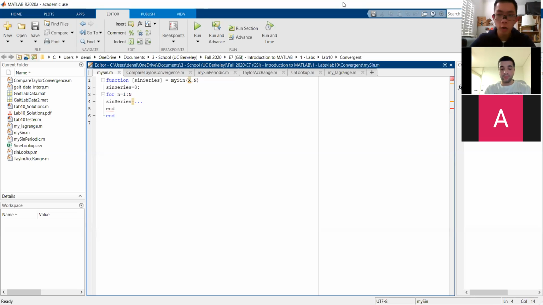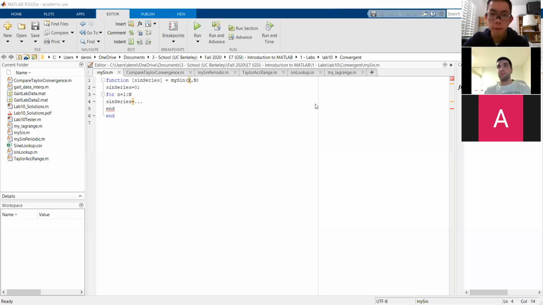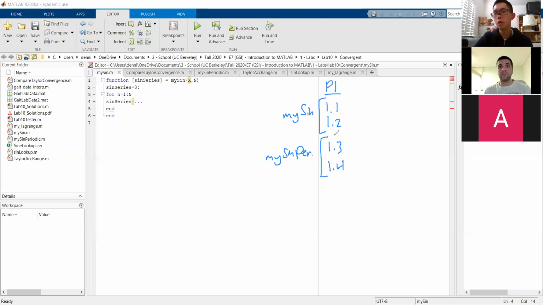I'll give a quick outline before I start of what this looks like. I'll need to plug in my drawing pad. There we go. Okay, so problem 1 is a 5-parter. There's 1.1 and 1.2, and it all goes under the umbrella of my sine. Here's 1.3, 1.4, my sine periodic.